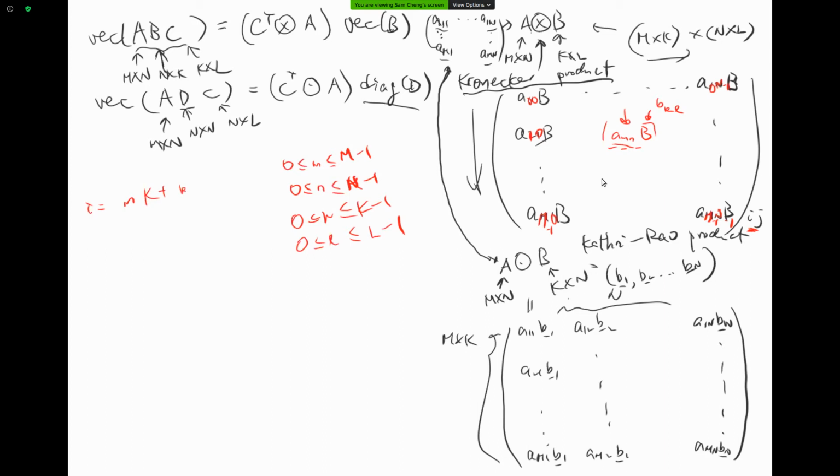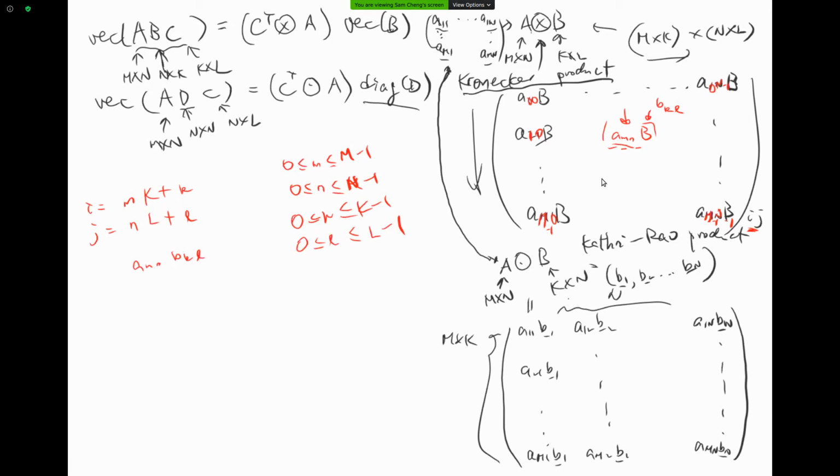Let's see, I think it's right, yeah. m times k plus small k, and j is n times l plus small l. And for that index, I should have that element A_mn times B_kl. There is a product, really.